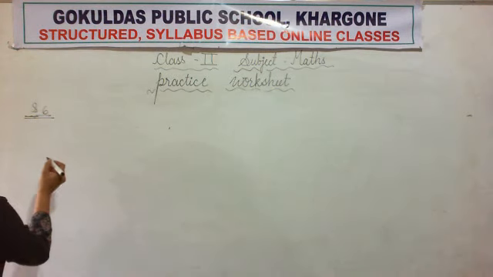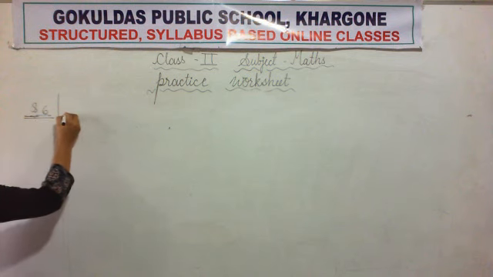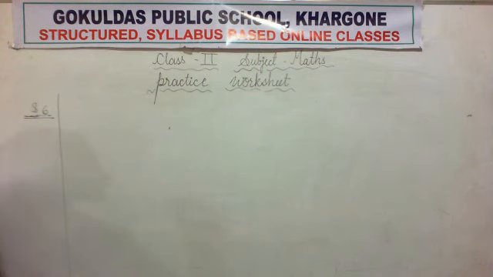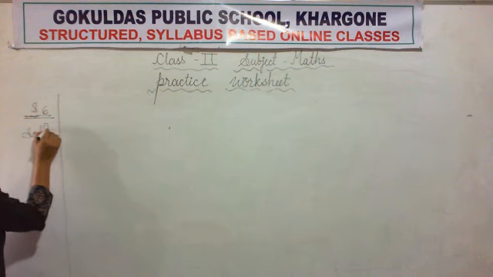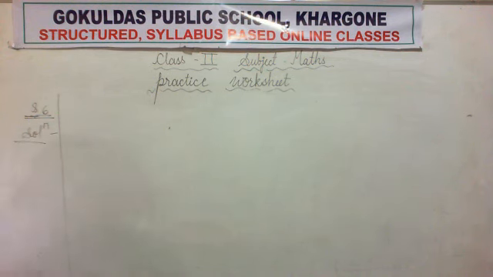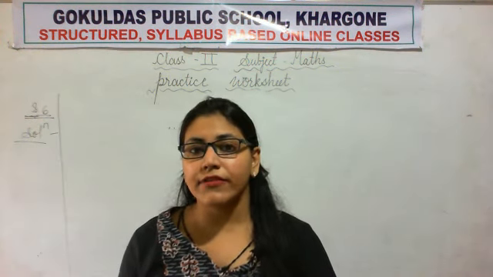So let's solve. This is your margin line. First of all, you will write the word problem, then you will write the solution here. Now start solving. First, we will write the given information.